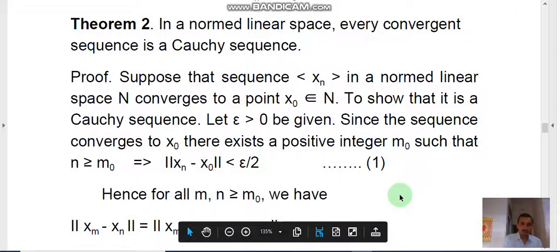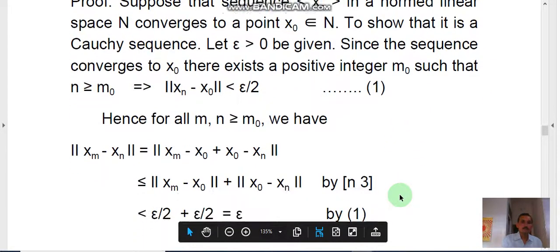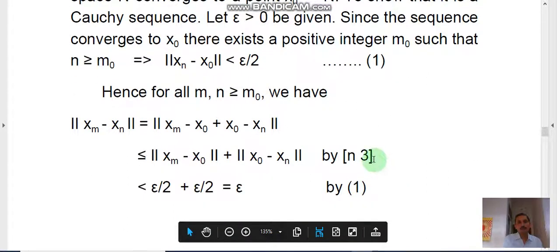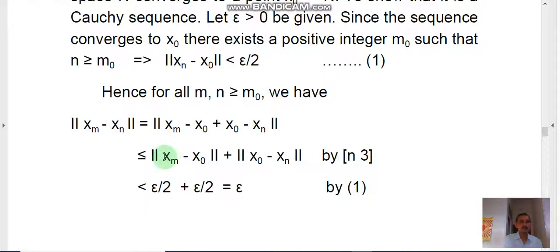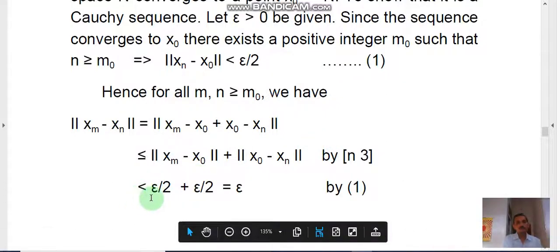Then, by using the triangle inequality, the third property of the normed linear space, this is less than or equal to norm xm minus x0 plus norm x0 minus xn, and then using equation 1, this is less than epsilon by 2 plus epsilon by 2, equal to epsilon.